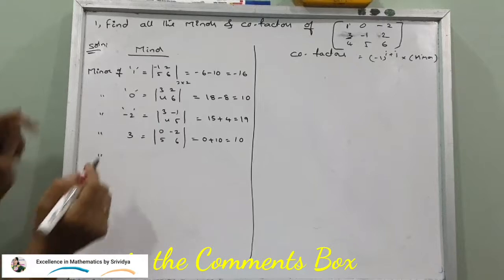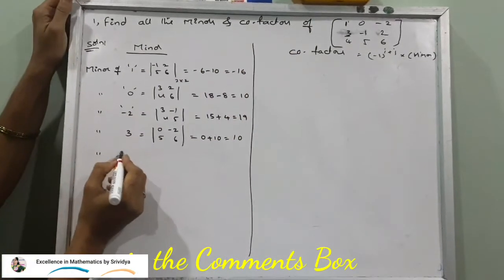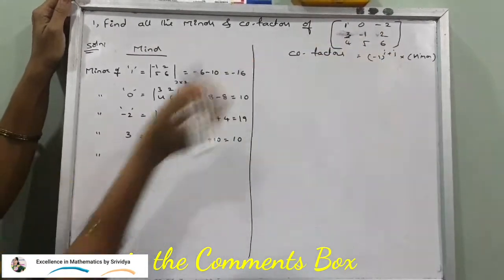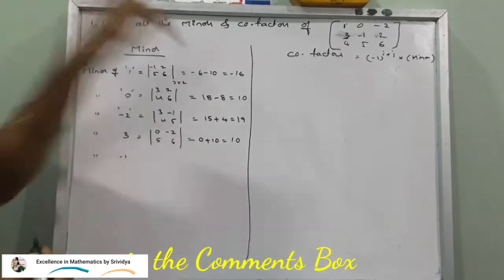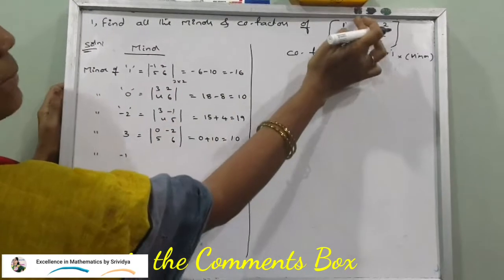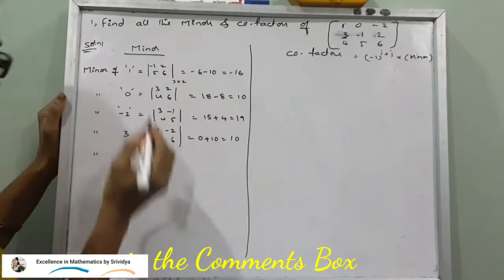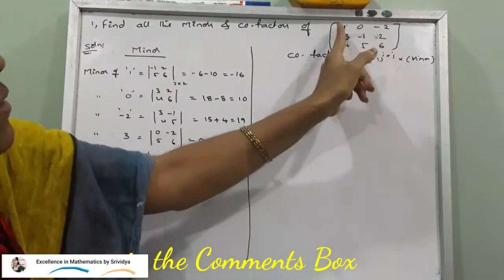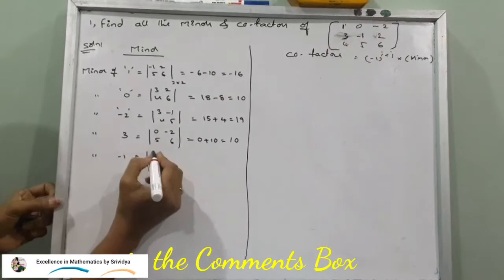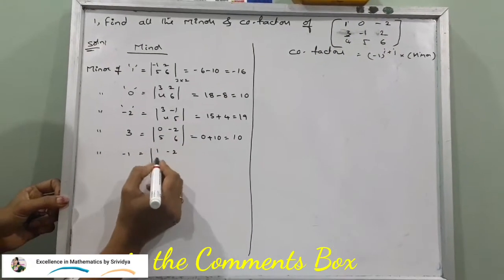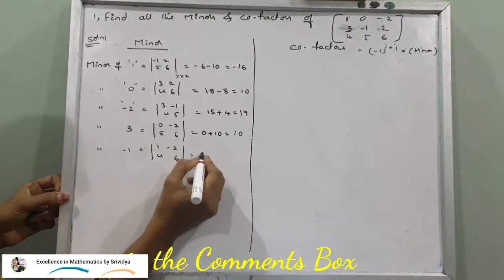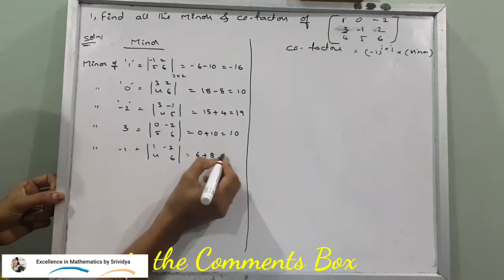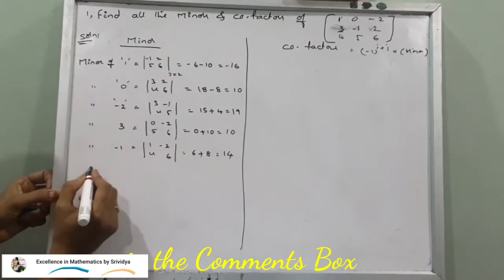Now second row, second column, the minor of minus 1: eliminating this row and column, the remaining submatrix is 1, minus 2, 4, 6, which is equal to 6 plus 8, which is 14.